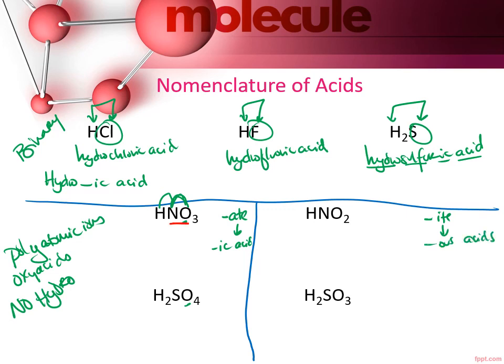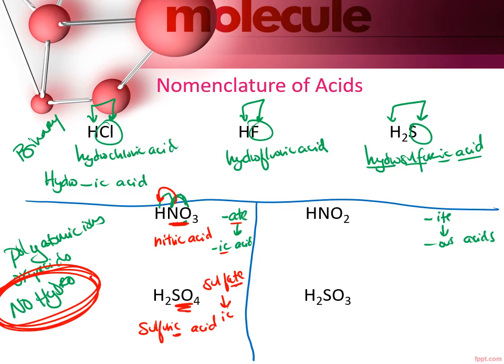This right here is nitrate. Ate turns into ic. So when I take nitrate and put a hydrogen in front of it, it turns into nitric acid. This is sulfate. Ate turns into ic acid, and so this is going to be sulfuric acid. Notice no hydro. Hydro only if it's binary. No hydro if there's a polyatomic ion involved.